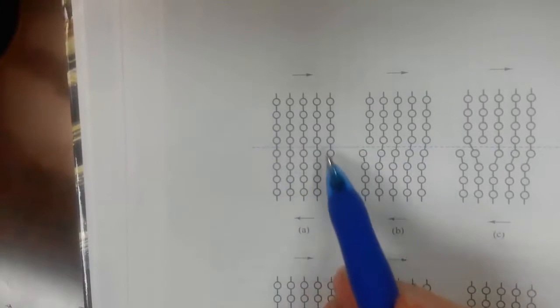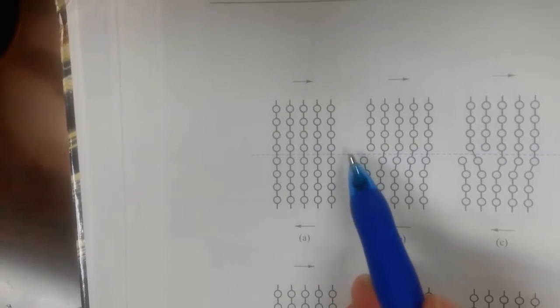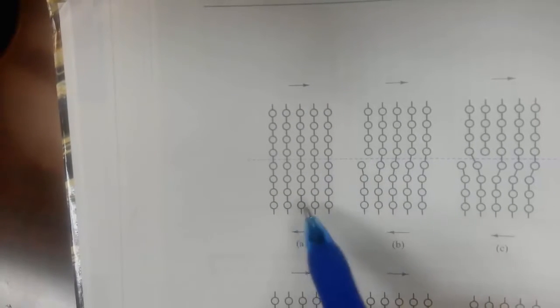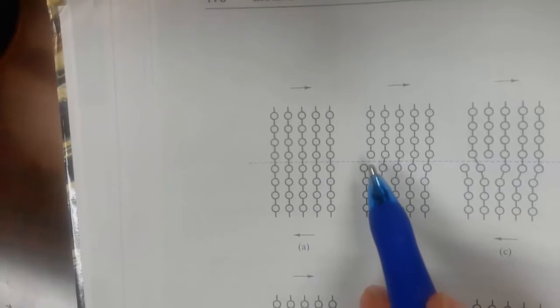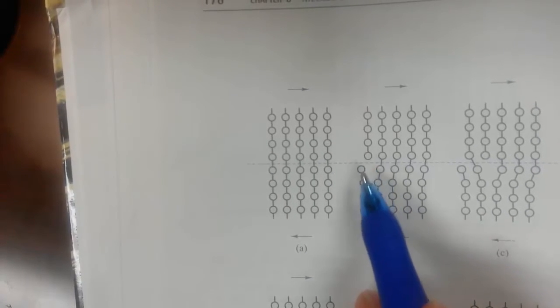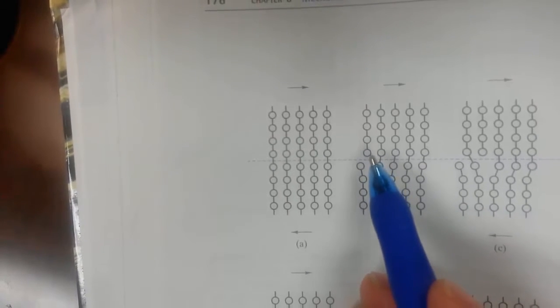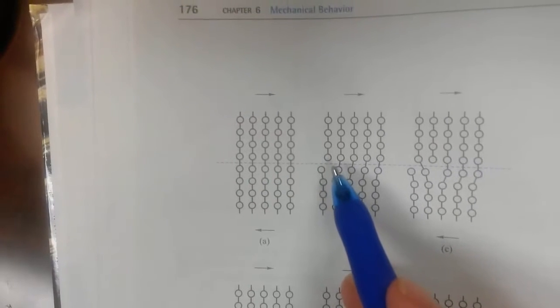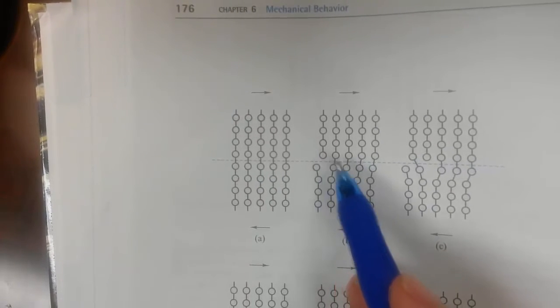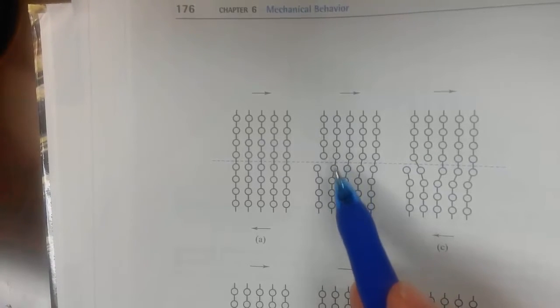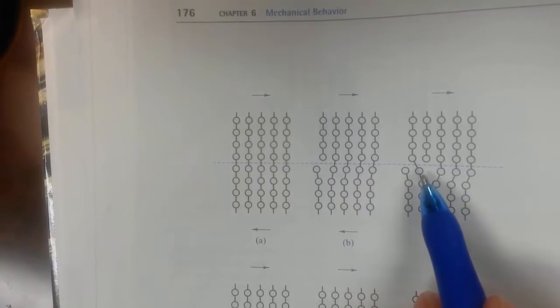Here's a simple cubic crystal structure, and if I apply a shear stress, moving the top part to the right and the bottom part to the left, I can introduce a dislocation by breaking the bond between just two of those atoms, or actually, all the atoms in that plane going into the book, into the surface of the page. Once I have that dislocation, that atom will connect to that atom, and the bond between those two will break, as we've seen in this picture.